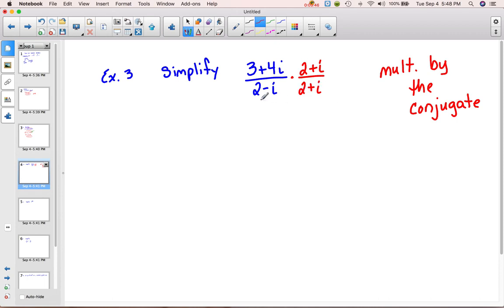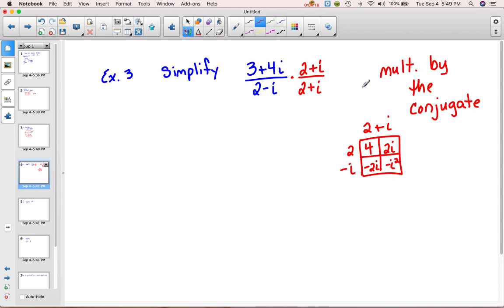So what's going to happen is when you multiply these terms out in the denominator, the i is going to end up going away, because keep in mind that this is like having the difference of 2 squares. Let me show you if we multiply this out. I'll do this one in a box. If we have 2 plus i times 2 minus i, we get 4, and a +2i, and a -2i, and then an i times a -i is -i squared.